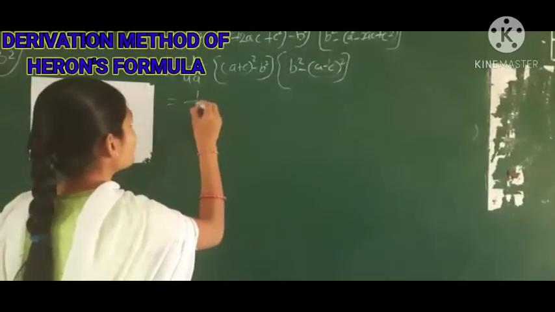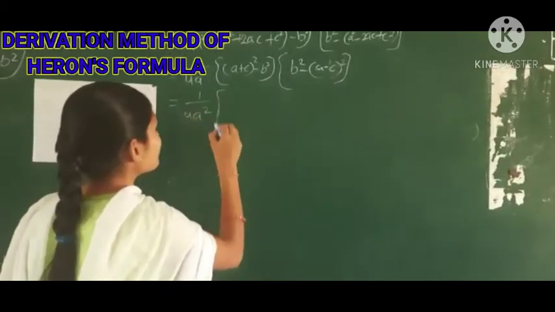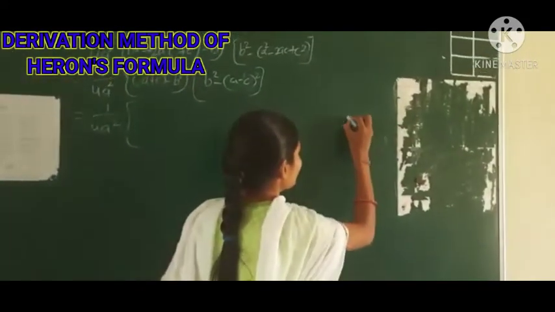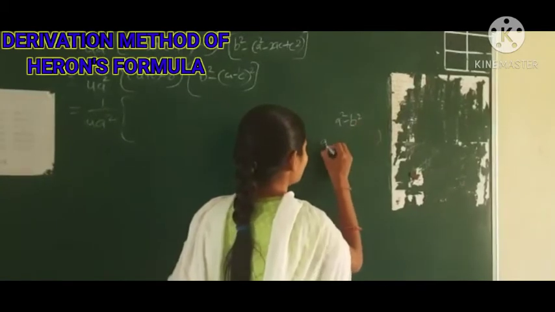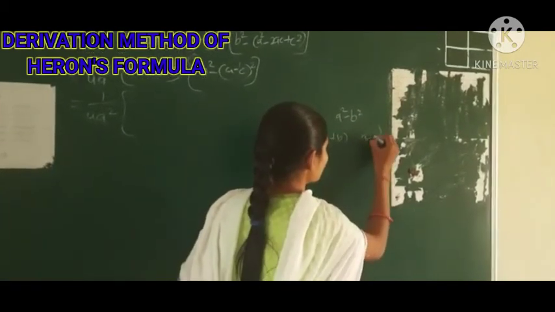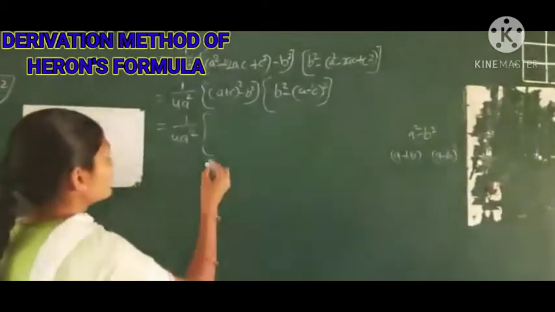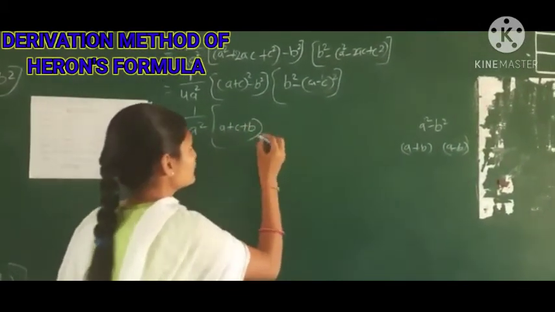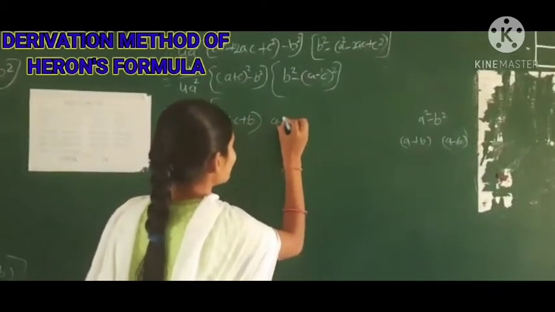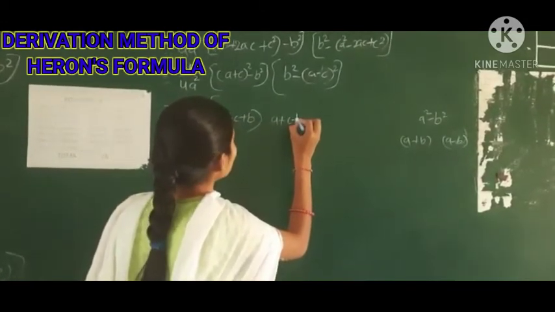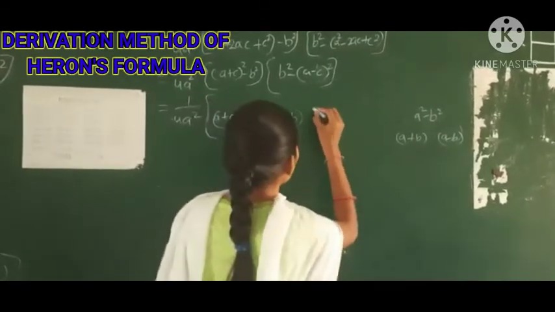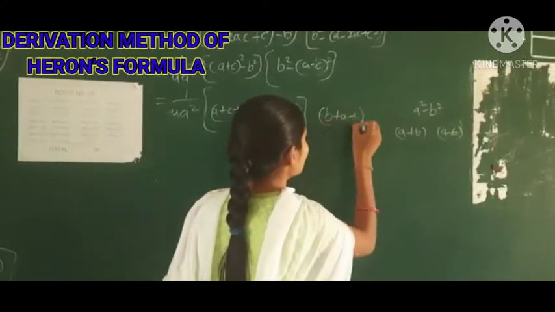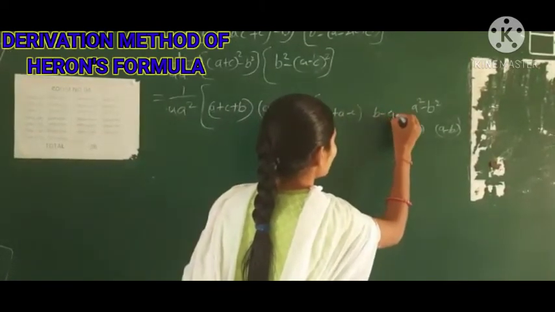Now 1 by 4a square. Here it is clearly of the form a square minus b square, nothing but (a plus b) and (a minus b): (a plus c plus b) and (a plus c minus b), here (b plus a minus c), (b minus a plus c).